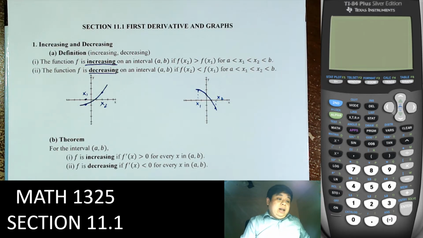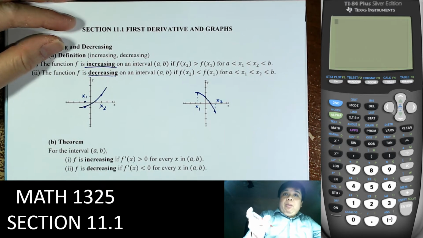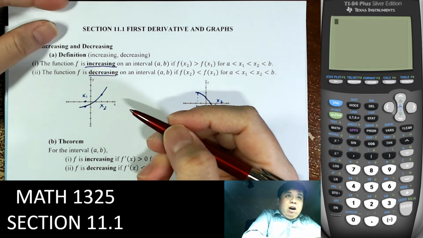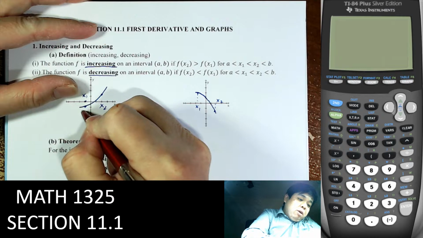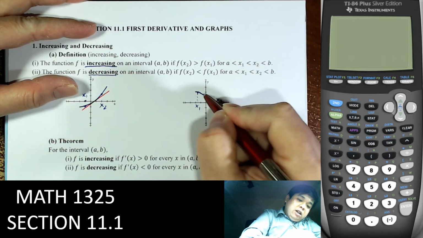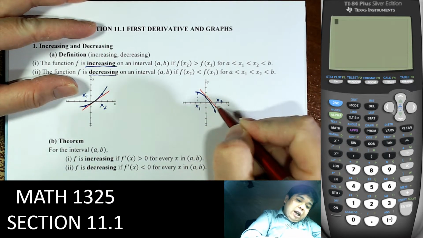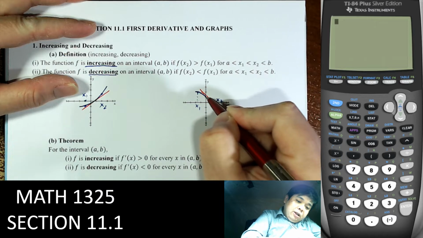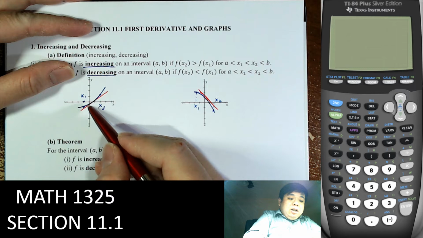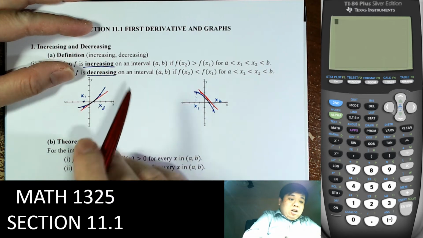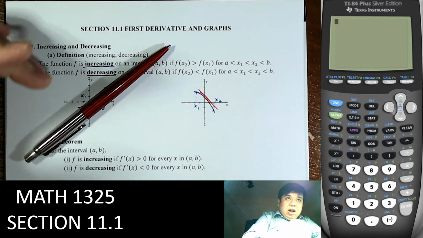derivative? And conveniently, we have defined derivative as the slope of the tangent line. So if we draw a tangent line for both of those cases, as we see, if the function is increasing, the tangent line goes up.